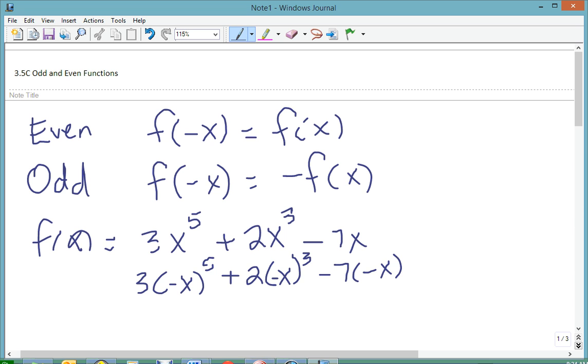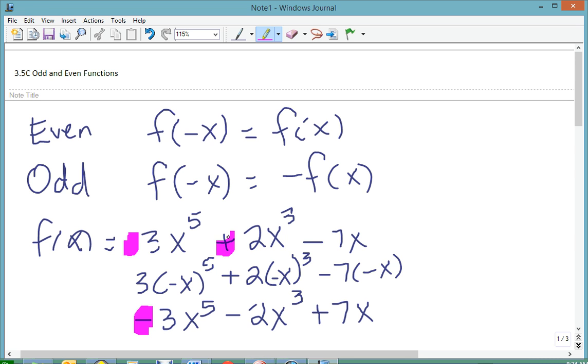This has an odd number of negatives, so that would leave it as a negative. And this has an odd number of negatives, so that would leave us a negative. And then we have negative 7 times negative x, and that would be plus 7x. And you notice that the original was positive, and this one is negative. The original was positive, and this one is negative. The original was negative, and this one is positive. So every single sign is the opposite. So that means this is an odd function.